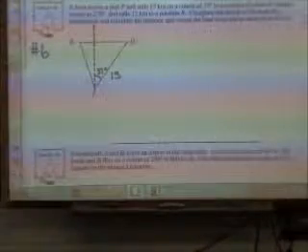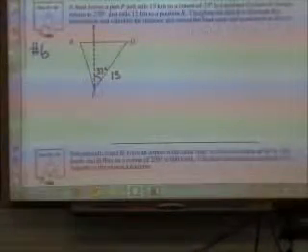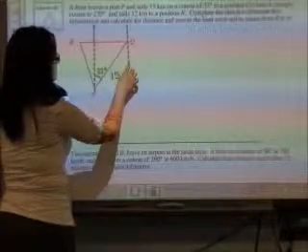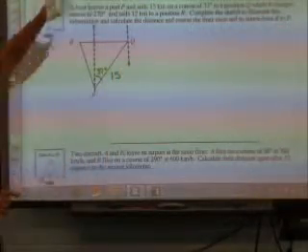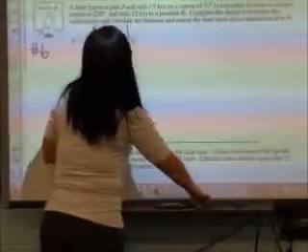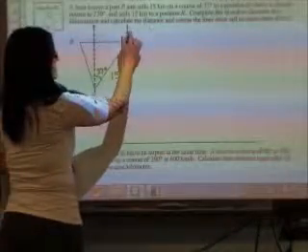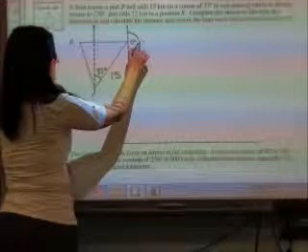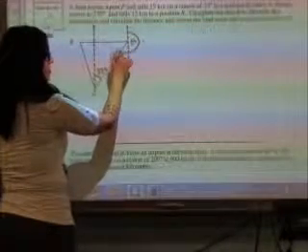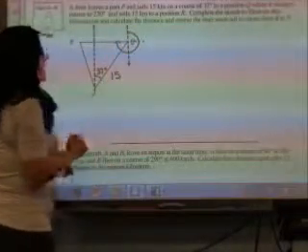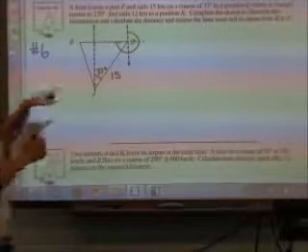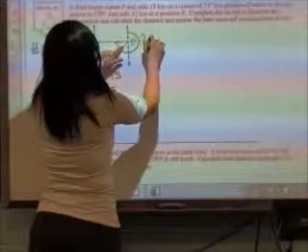At point Q, I change course to a bearing of 270 degrees. There's my north-south line, 270 degrees. So if I think of this, this is 90, 180, 270 degrees. That's all of that part. So this is all 270 degrees.